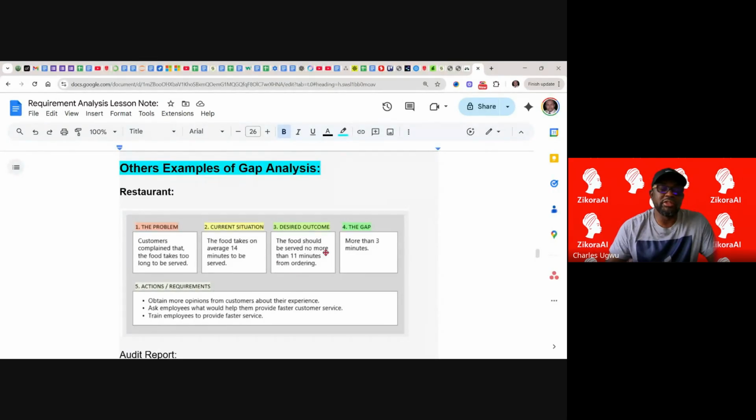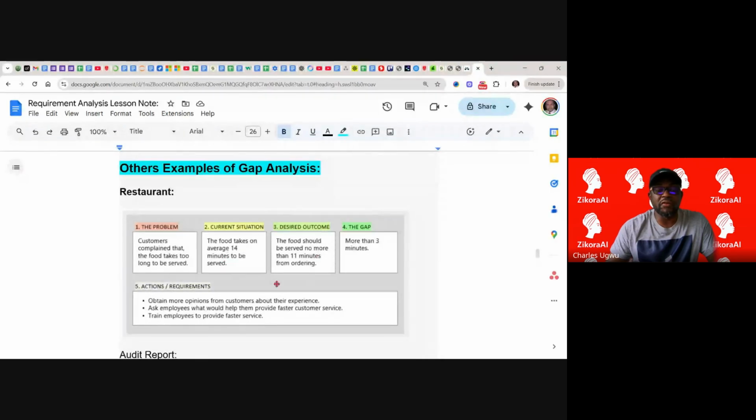In a situation like that, you see most of the customers say that if they can serve the food at least within 11 minutes or at least within 10 minutes, that will help you know the customers' preferred time. That will then help you know that most customers want their food served within 11 minutes, and it's taking 14 minutes to serve.